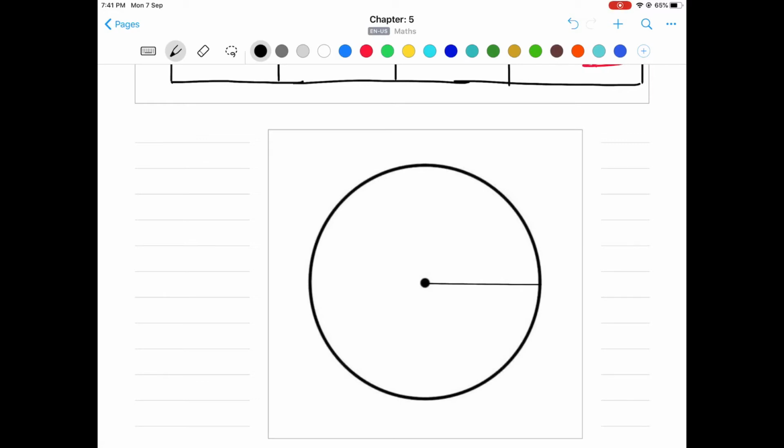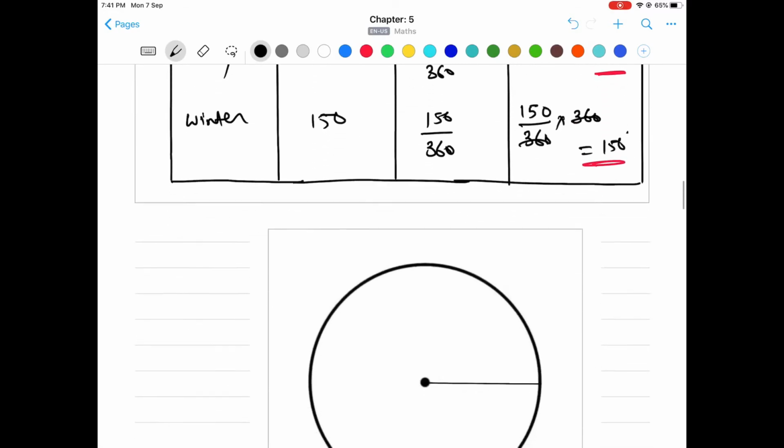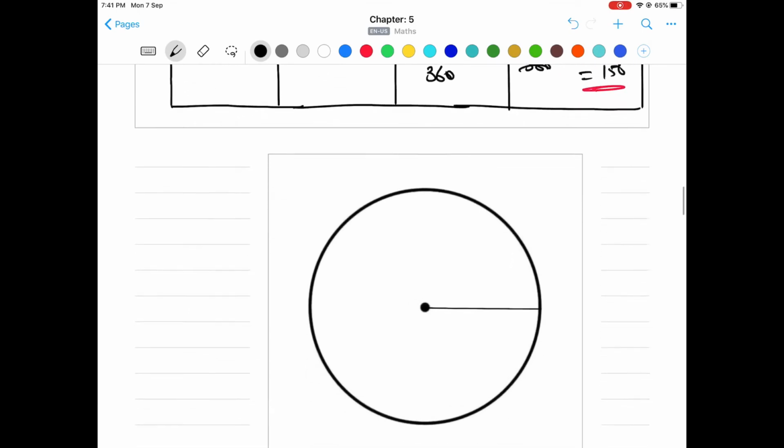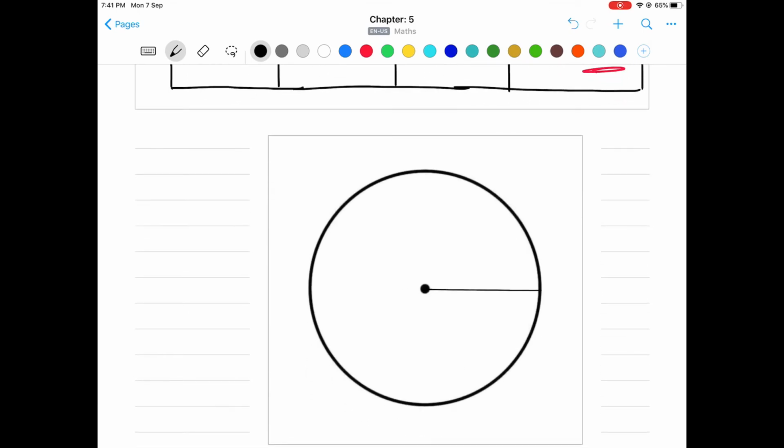The first is 90 degrees, so the central angle for summer is 90 degrees. You can use a protractor here to mark the angle accurately. So the 90 degree angle will be like this. This is 90 degrees, and this is representing summer.